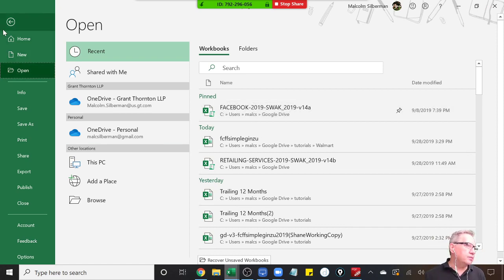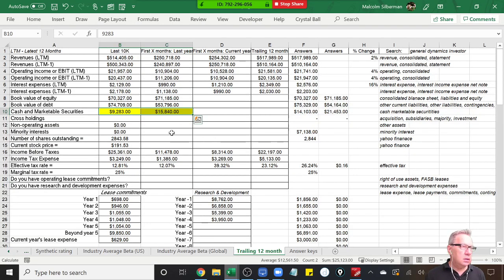Anyway, let's keep going. Cash and marketable securities. How else can I dig these bad guys up?